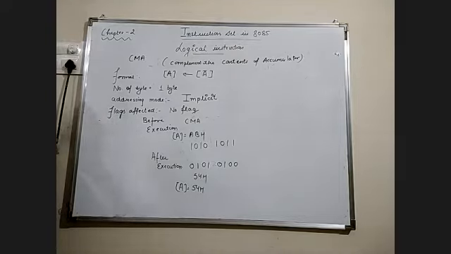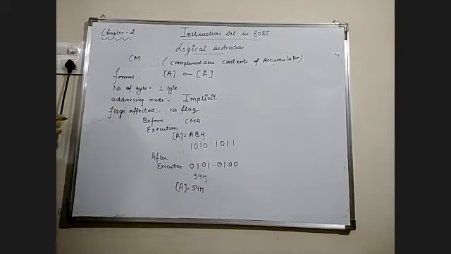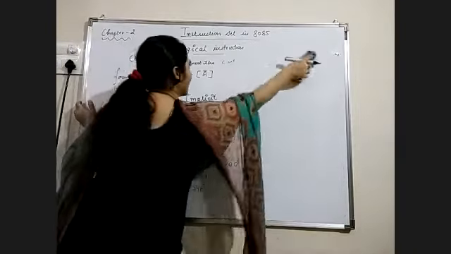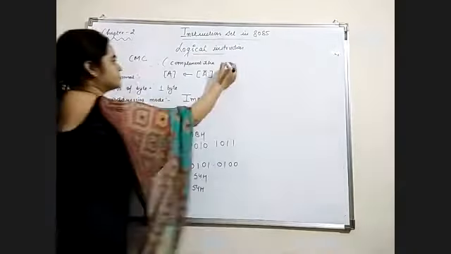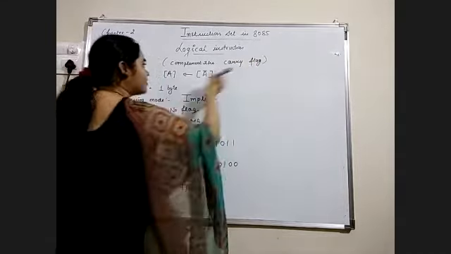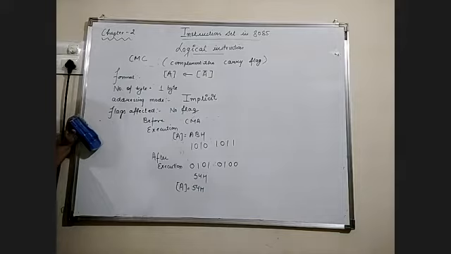Now, after this, we can see the next instruction, that is CMC. CMC means complement the carry flag. That means if in the carry flag the value 1 is present, it is complemented to 0, and if in the carry flag 0 is present, it is complemented to 1.